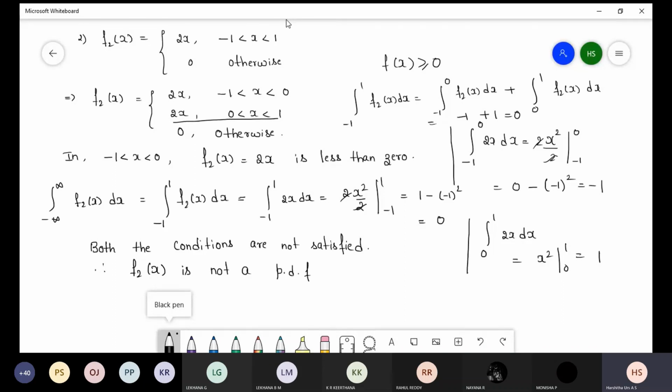Both the conditions, means first condition f of x must be greater than 0 and second one minus infinity to infinity f of x dx should be equal to 1. If it is a probability density function, both the conditions must be satisfied. Therefore, f2 of x is not a PDF.